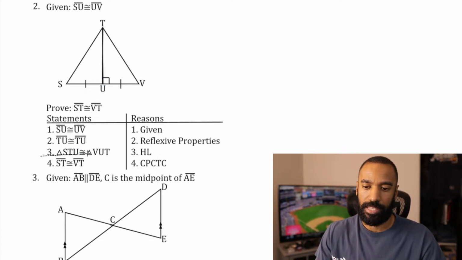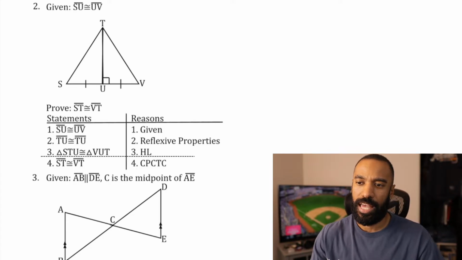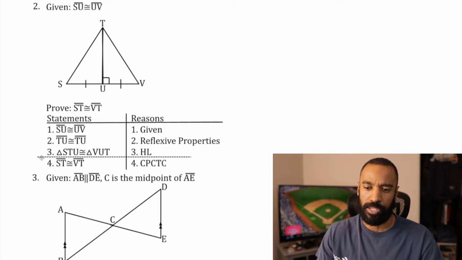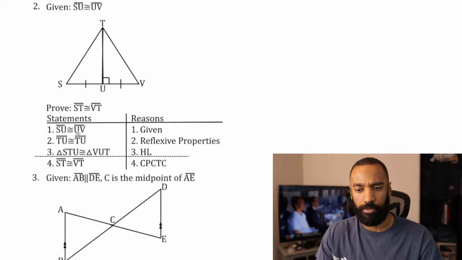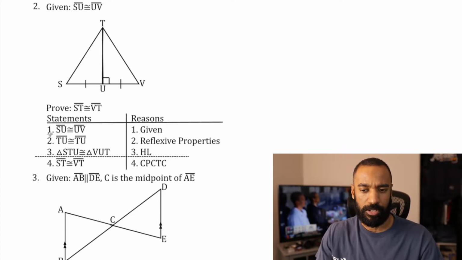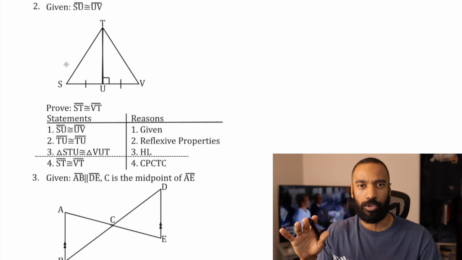Now I will separate this thing again once more, and I will state that I think this proof is actually really missing some statements. I already told you before that you really need 4 statements to make a triangle congruence proof at minimum.